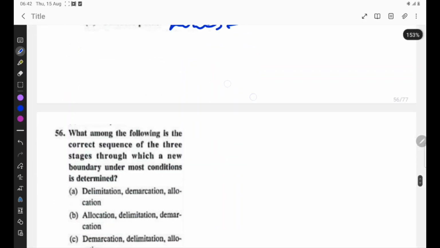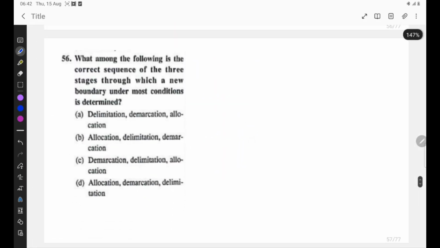The next question says, what among the following is the correct sequence of the three stages through which a new boundary under most conditions is determined? The right answer is option B, allocation, delimitation, and demarcation.